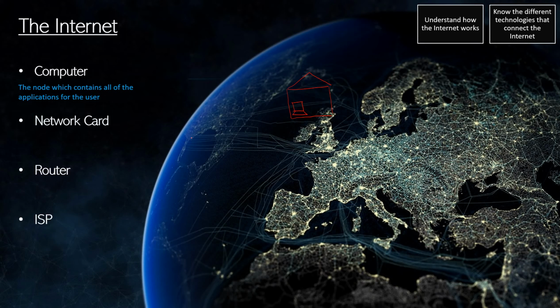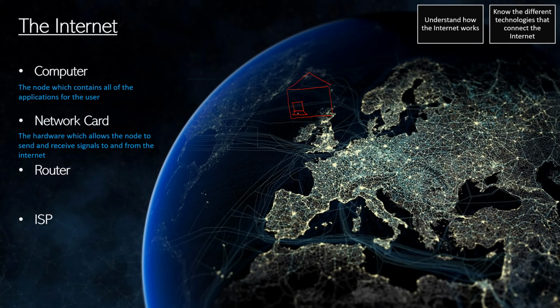Now on this computer you will have something called a network card, right? So a network card is a piece of hardware which allows the node, the computer in this case, the device, to send and receive signals to and from the internet.